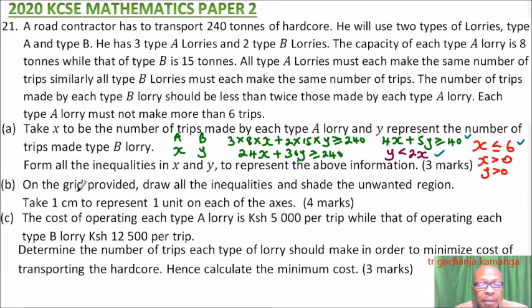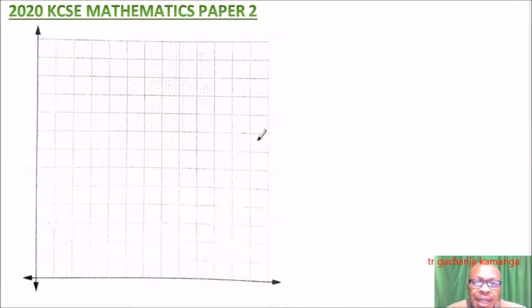From there, we have, on the grid provided, draw the inequalities and shade the unwanted region. So I have a grid, and we are going to use this to represent that information. I'm going to use this space to write our inequalities.